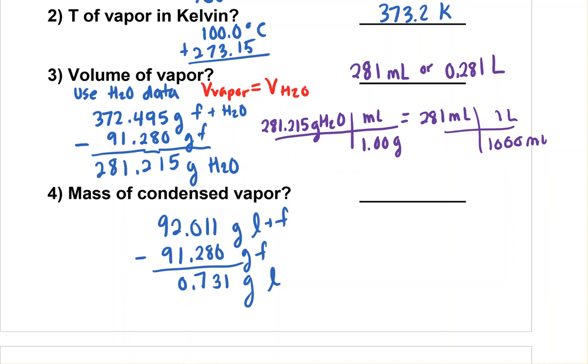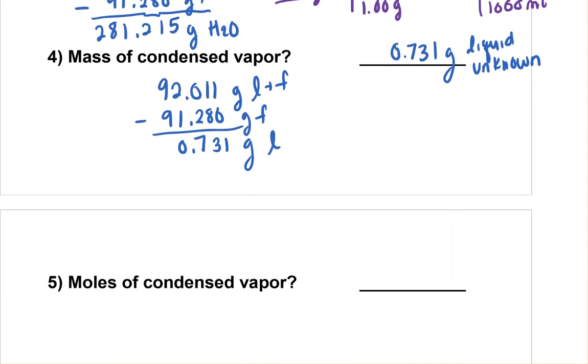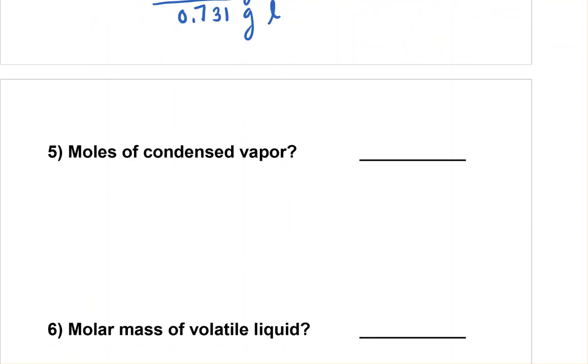Okay, and this mass should be about a half a gram to 1.5 grams, something like that. Okay, next. Moles of condensed vapor.